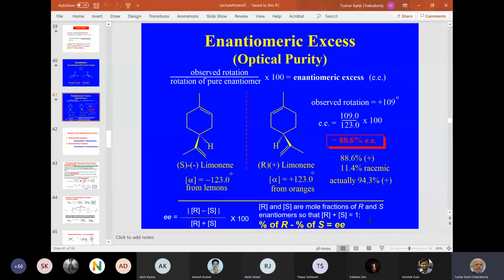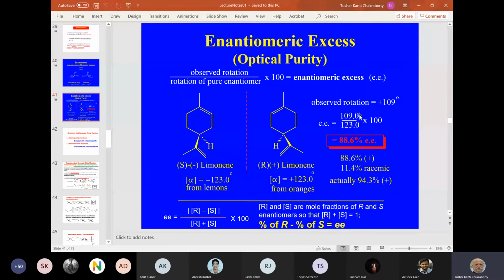No. 109 is, sorry, it should be specific rotation, not observed rotation. It should be specific rotation. I have made a mistake. Your experimental specific rotation is showing plus 109, whereas the actual specific rotation is 123.